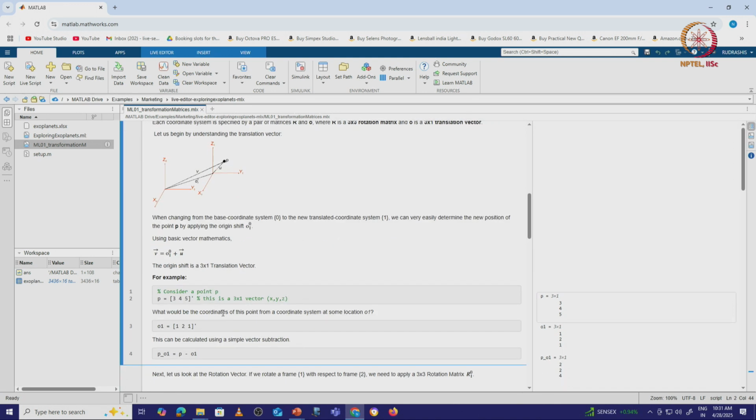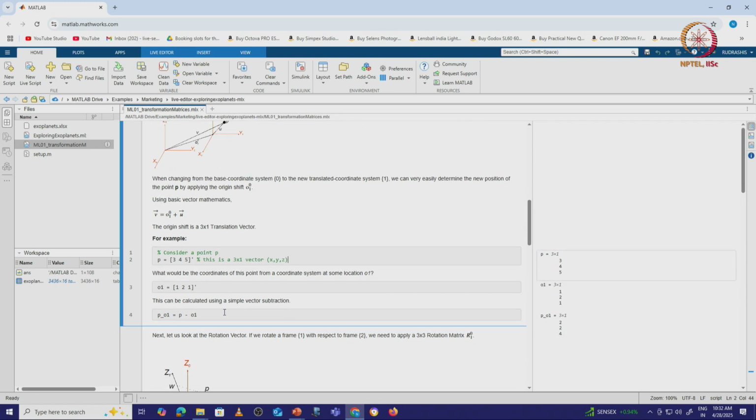We also would like to define the coordinate system. I am representing the coordinate system as O1, where the origin of my body is present. Now, how do you calculate the distance between these two?